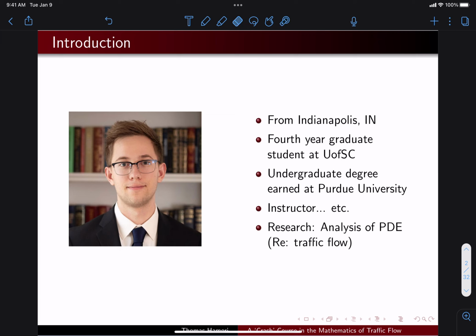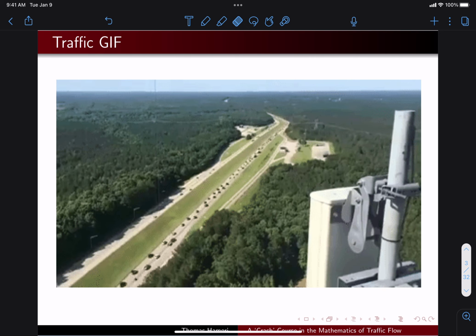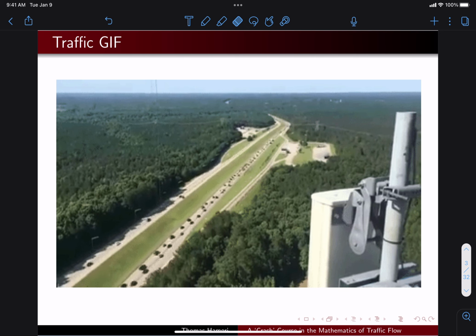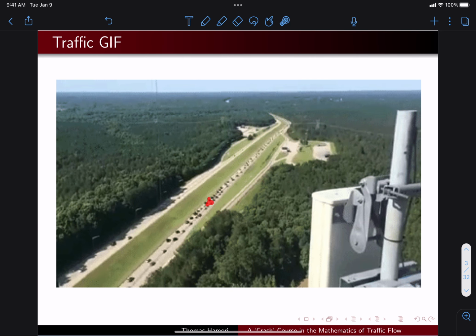We see this interesting phenomenon where vehicles are bunching up, and as time moves forward, the bunching propagates backwards throughout the highway. So even though everyone's moving in this direction, we have this interesting bunching happening.